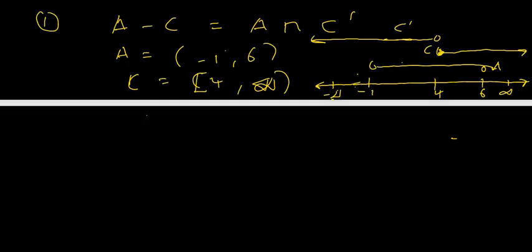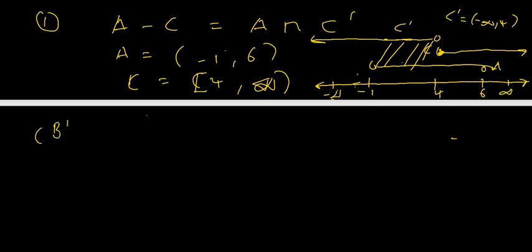Then we can see that these guys are meeting here. So that is our intersection. So our C complement will now be negative infinity to 4. Okay, let's go to the next question.